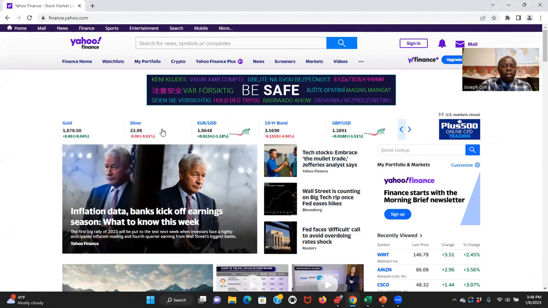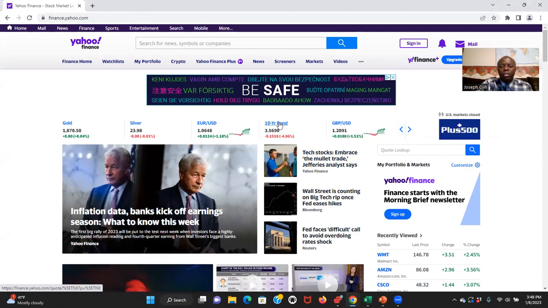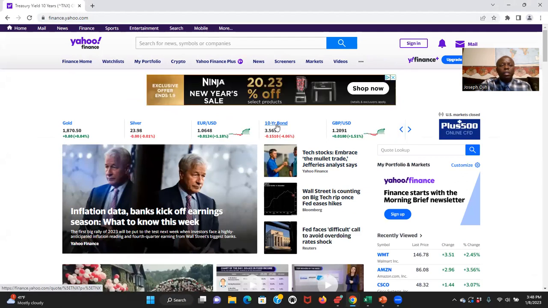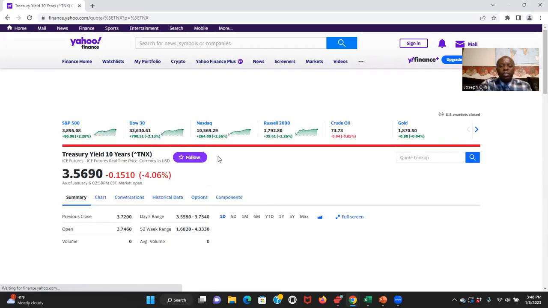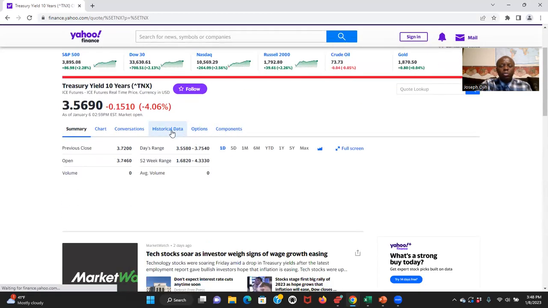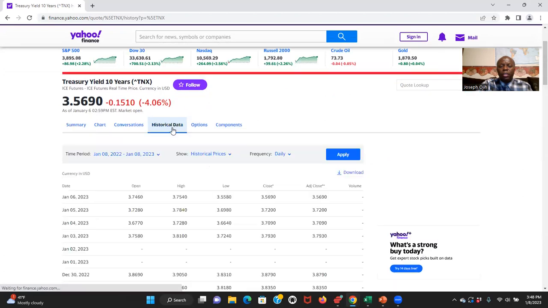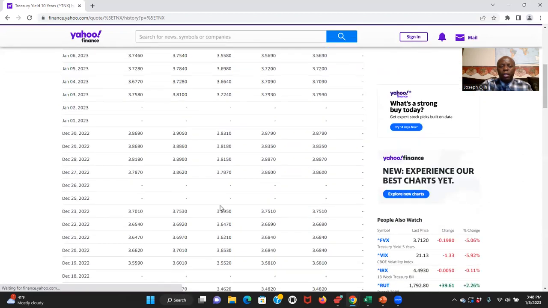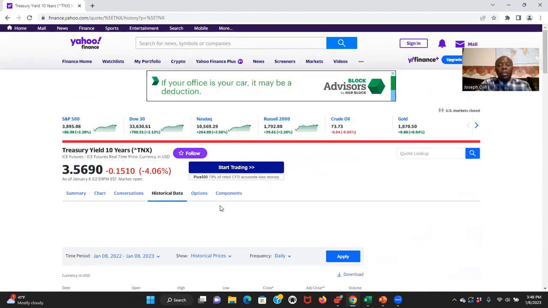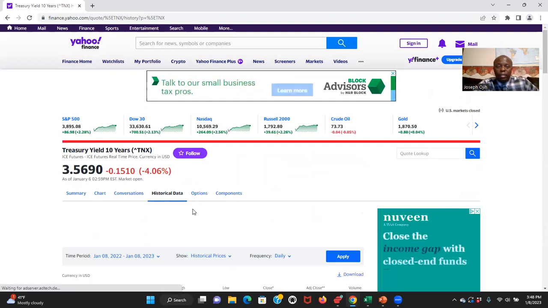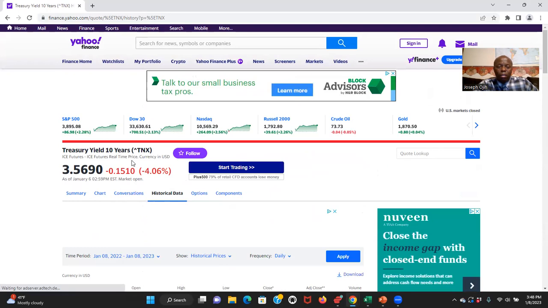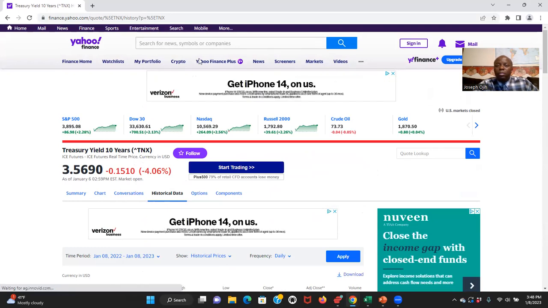You can see the 10-year bond here. You can calculate the return on this 10-year bond to calculate your risk-free rate using the historical data. You can see the historical data. You can use it to calculate the return. Or you can go directly to the Treasury website and get the return on that bond.